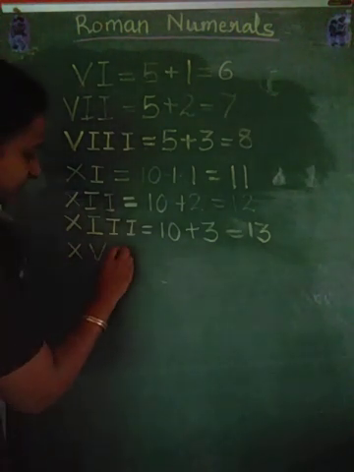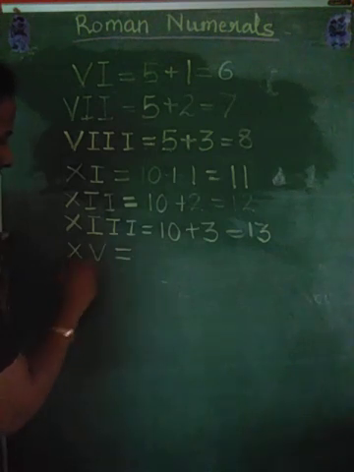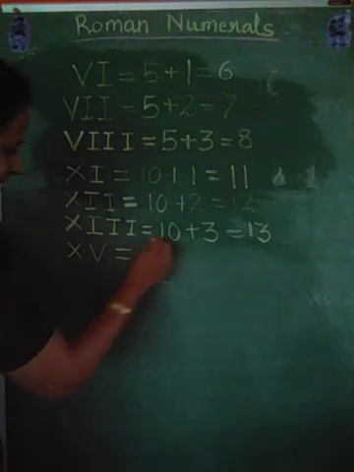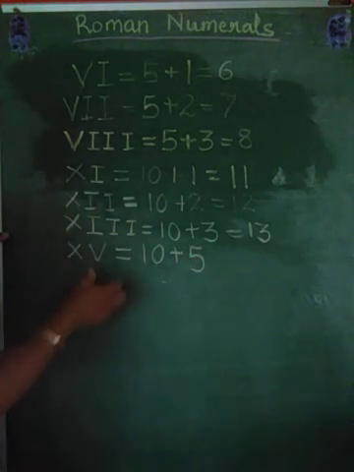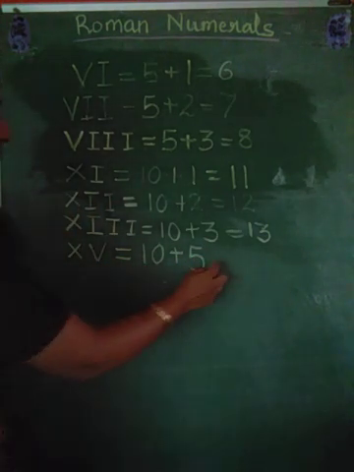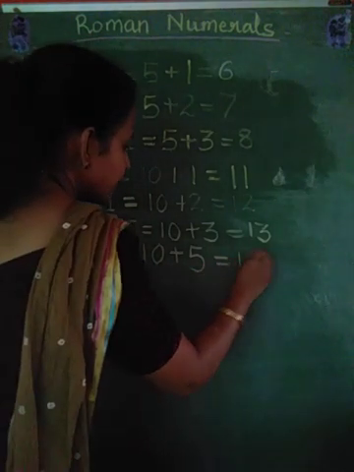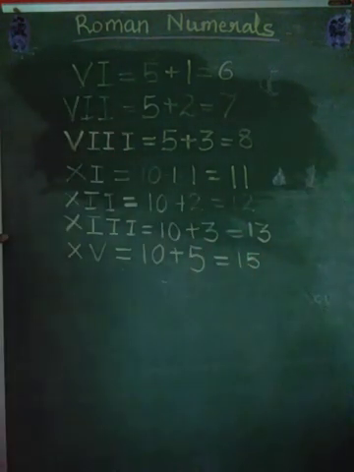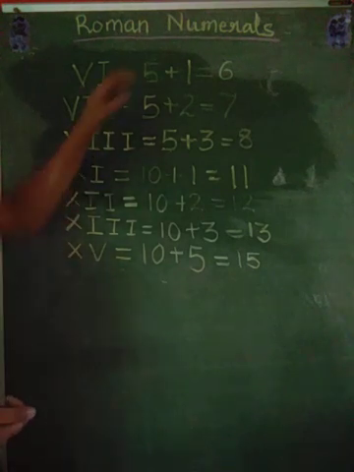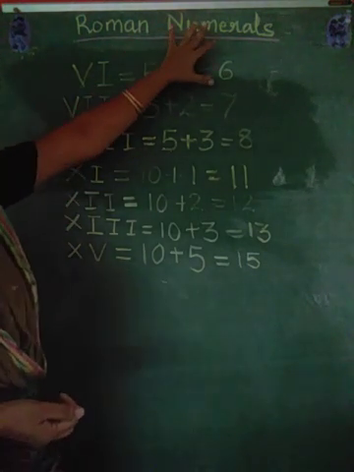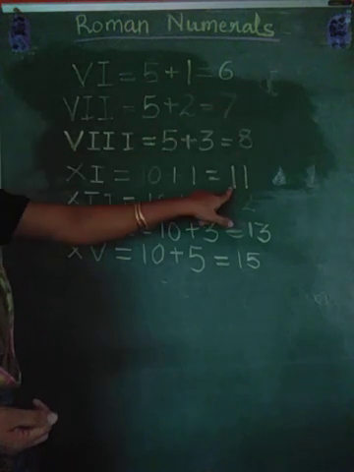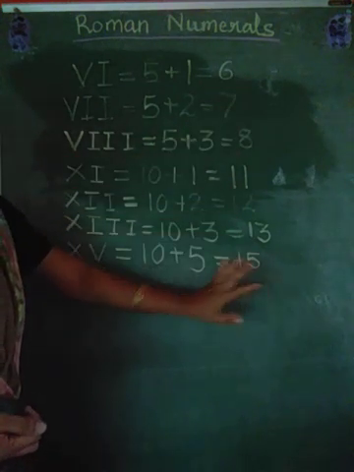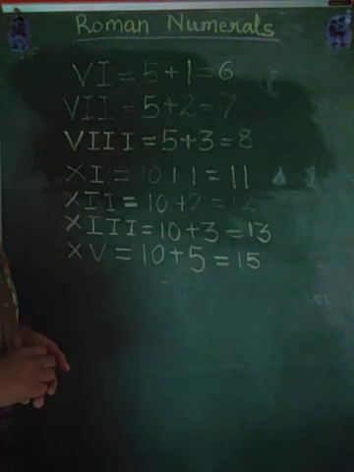What will be the value of this? X stands for 10 and V stands for 5. So the value of XV will be equal to 10 plus 5 is equal to 15. So now you know so many numbers by now: 5, 6, 7, 8, 11, 12, 13, 15. You have now learned.